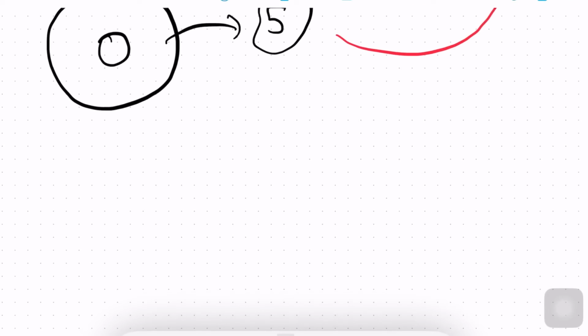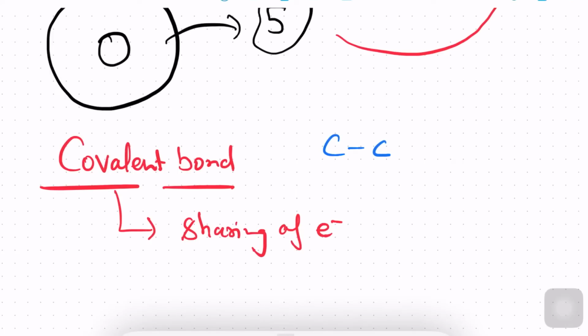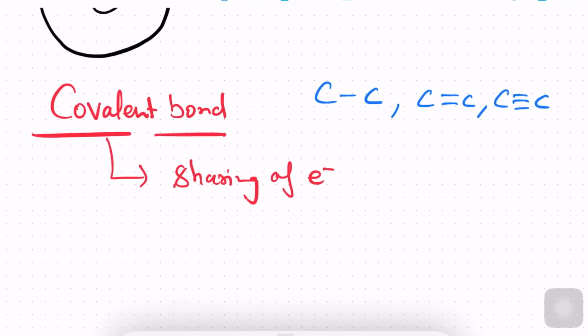Now here you must be knowing covalent bond. Covalent bond is formed by sharing of electrons. So here if you see, in between carbon and carbon you can have single covalent bond, double covalent bond, or triple covalent bond. Now this bond between carbon and carbon can break, or you can say there can be cleavage of the carbon-carbon bond.